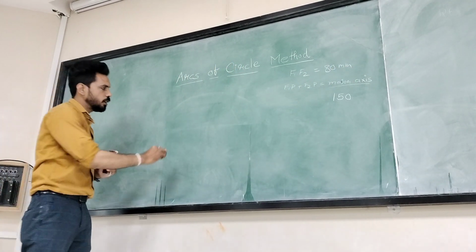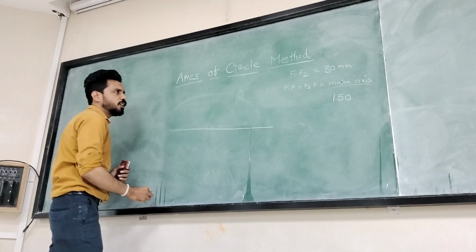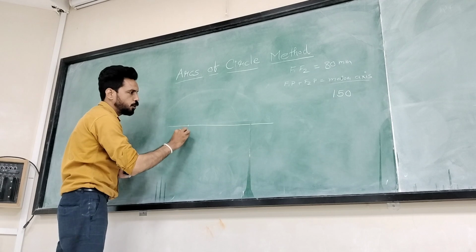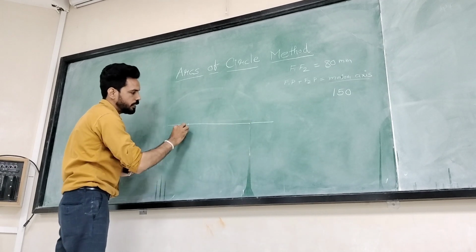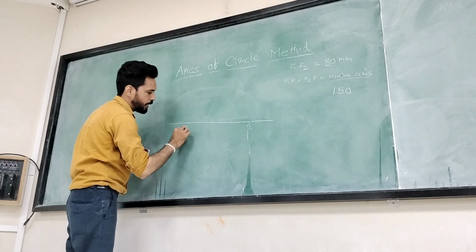So first of all we will draw a horizontal line on which we will find two points, F1 and F2, at a distance of 80 mm.